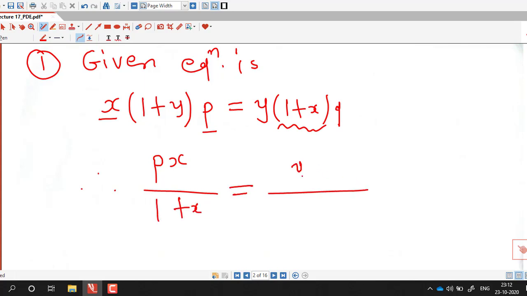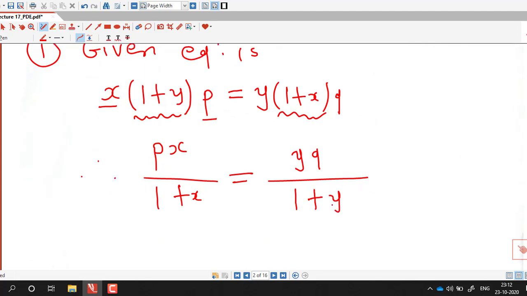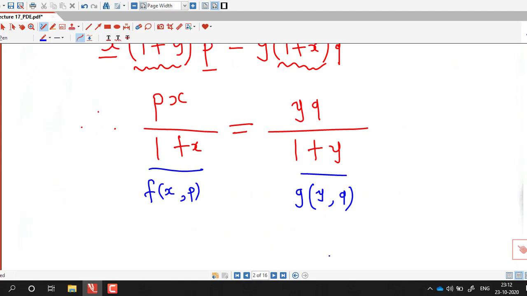Similarly, here I keep y and q as it is, and I transfer this 1 plus y to the right hand side. So here you can see this is in standard form 3. This left hand side is nothing but a function of p and x, and this right hand side is nothing but a function of y and q. So this equation is in standard form 3.